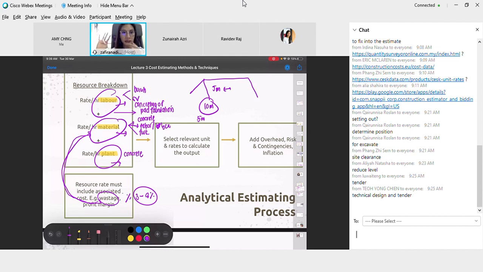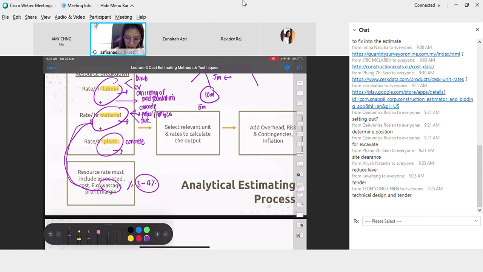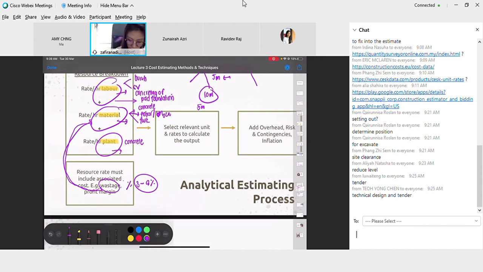Tapi generally wastage kita kira 3 to 8%. Dan macam material juga kita masuk profit margin, berapa profit margin yang kita nak ambil. Plant usually kita tak ambil profit margin. Untuk labor kita tak ambil profit margin. Selalunya material lah yang ada wastage dengan profit margin. These are the two things yang you kena include dalam rate.